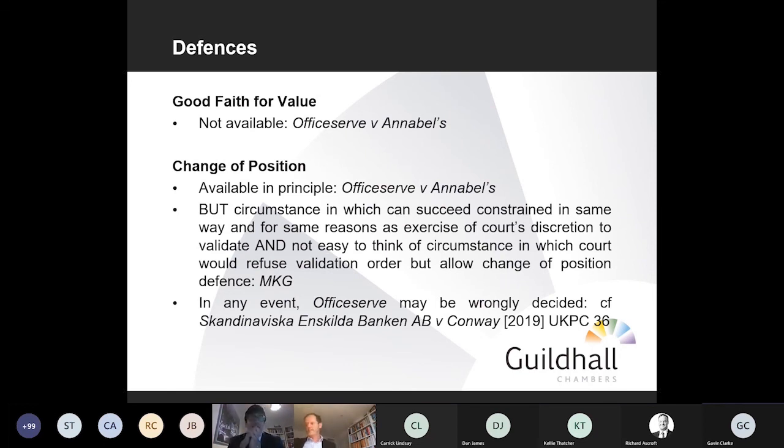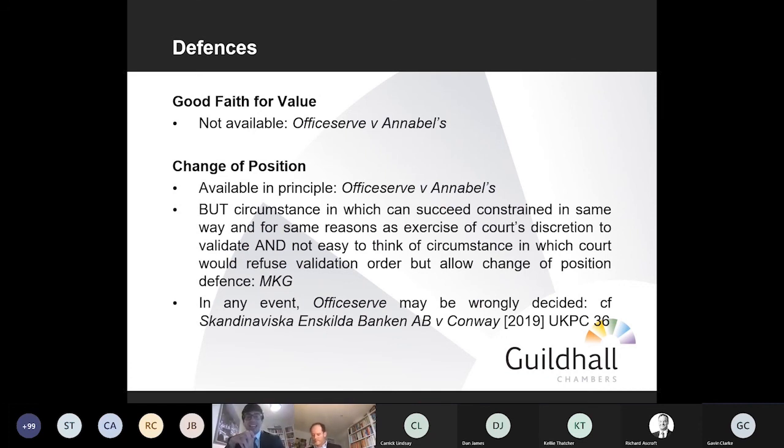But in an insolvency case, Judge Matthews said it's theoretically available, but on the facts of the case of Officeserve, he wasn't prepared to find that the defence was made out.